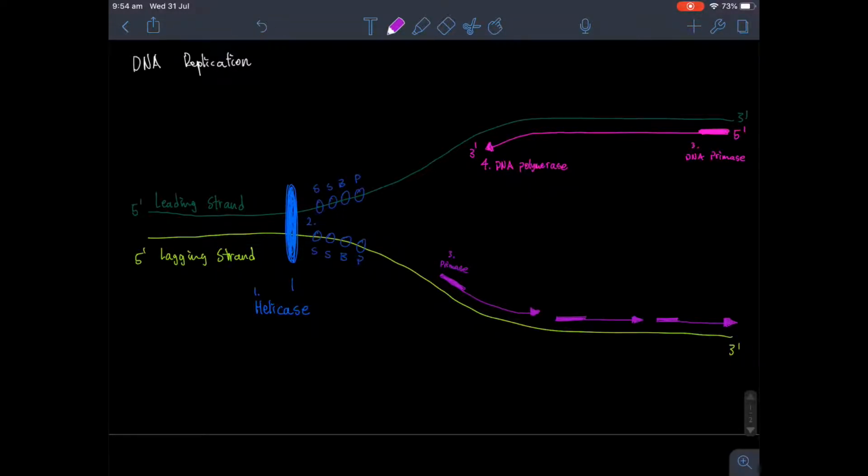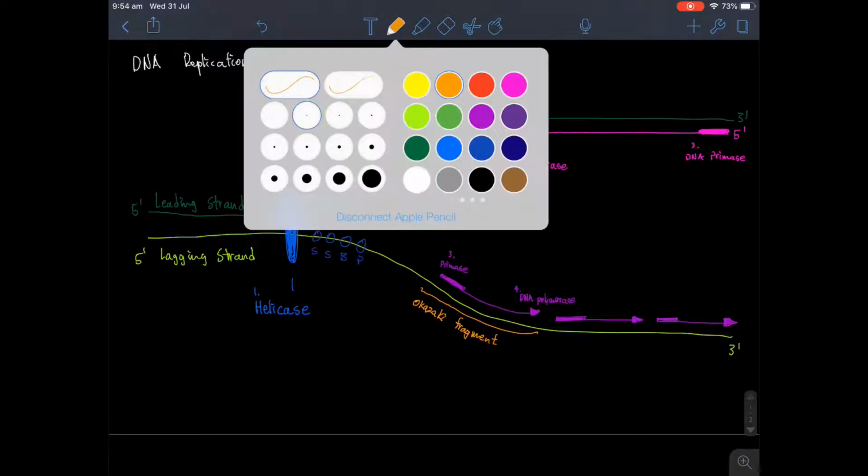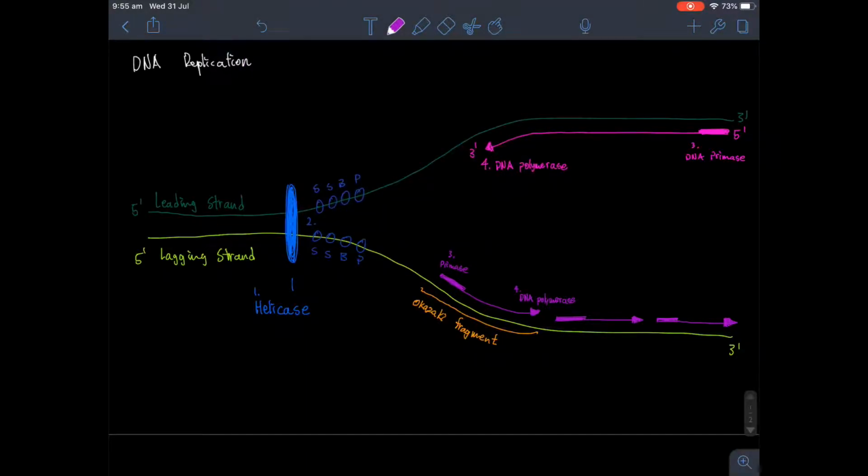And so it builds the new strand in these fragments called Okazaki fragments. The reason it has to do it this way is because the lagging strand starts on 3', and DNA can only fill 5' to 3'. So this purple one, the 5' end is on the left here. It has to fill in chunks because it's filling as the helicase is unzipping. Again, these are called Okazaki fragments, and they only happen on the lagging strand.